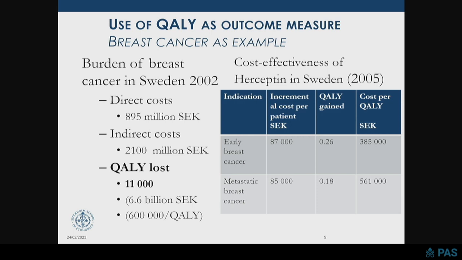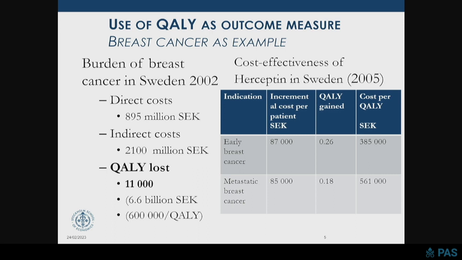If we look at cost effectiveness, we looked at that time at cost effectiveness in using Herceptin, both in early breast cancer and in metastatic breast cancer. And you can see that the gain in QALYs per patient is 0.26 for early breast cancer and 0.18 for metastatic breast cancer.